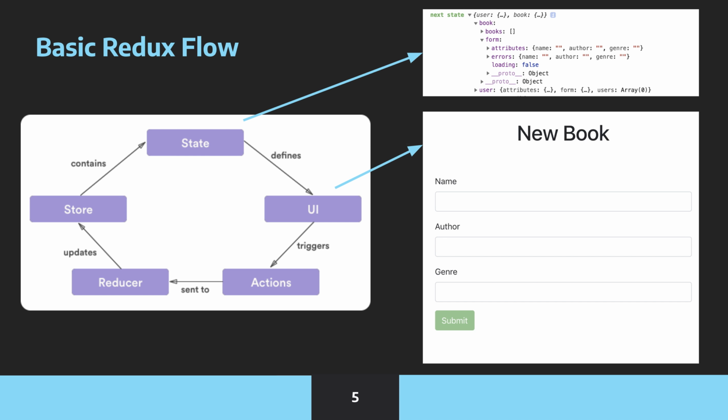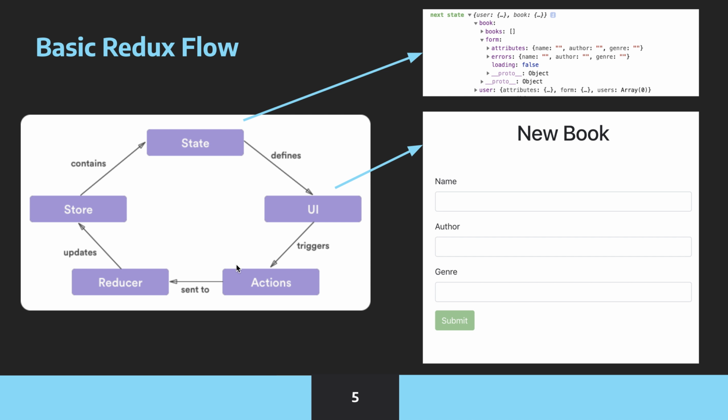So now we're going to take a little bit of a look at Redux. First, just focus on the graph on the left. This is the basic Redux flow where you have an initial state. The state defines the UI and tells the UI what needs to be displayed. In the UI, when a user types in an input or clicks a button or does something, that fires off an action. The action will have some sort of data that it's going to pass along to a reducer.